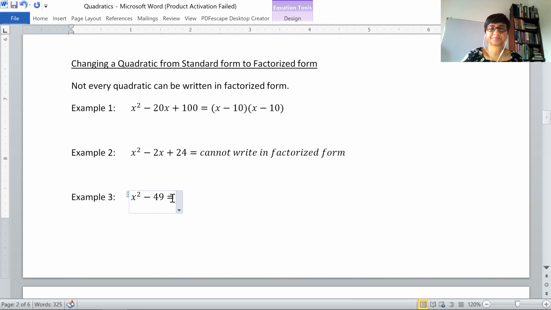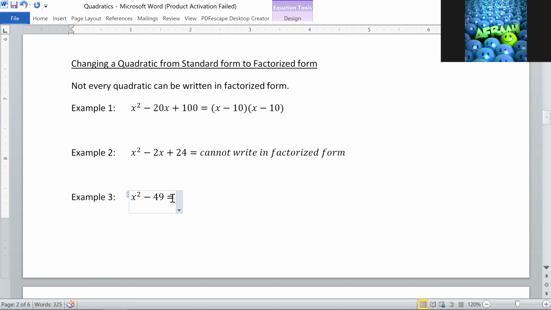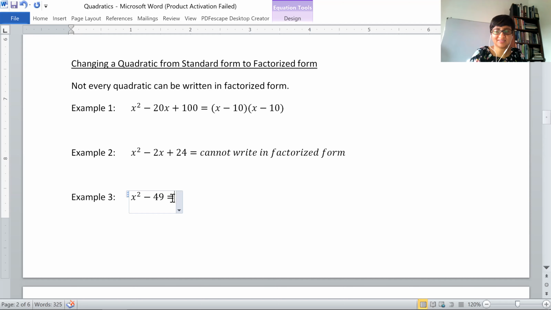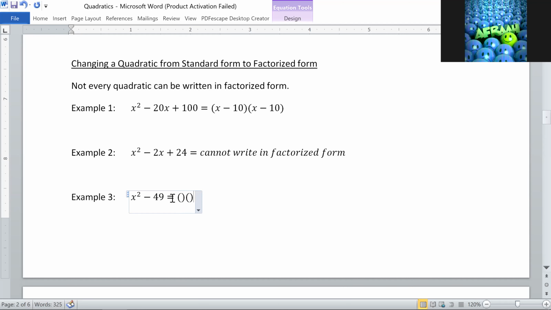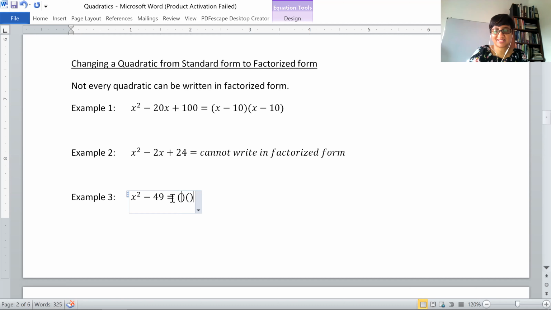Example 3. What are the factors here? X plus 7, x minus 7.